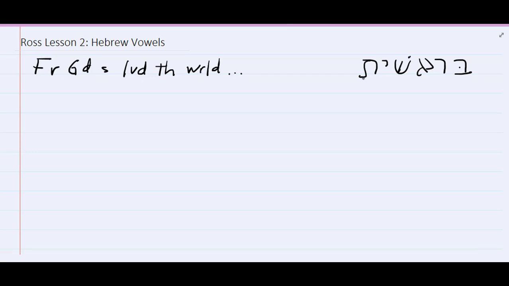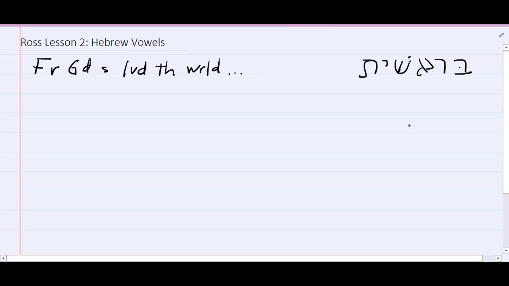The Masoretes, when they received the consonantal text, added the vowel points to preserve the reading tradition that they had inherited. The Masoretes flourished during the time from about the 5th century AD to up to the 15th century AD.